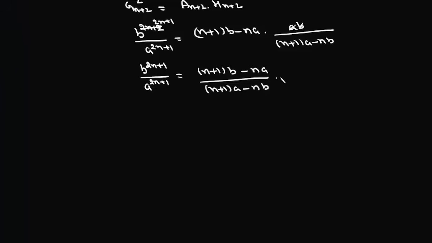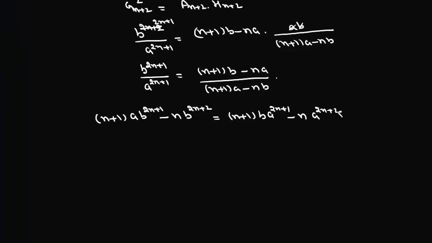What we'll do is we'll cross multiply, so we can write (n plus 1) a b to the power 2n plus 1 minus n b to the power 2n plus 2, and it will be equal to (n plus 1) b into a to the power 2n plus 1 minus n a to the power 2n plus 2.